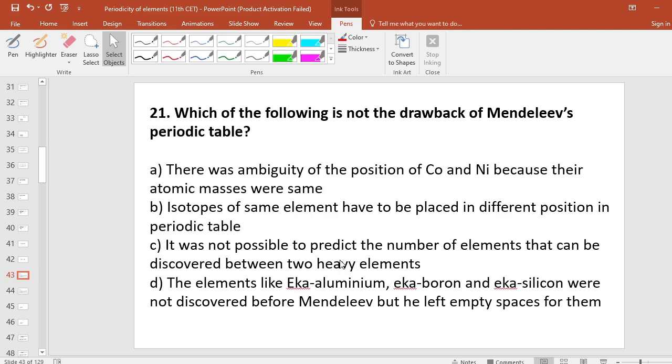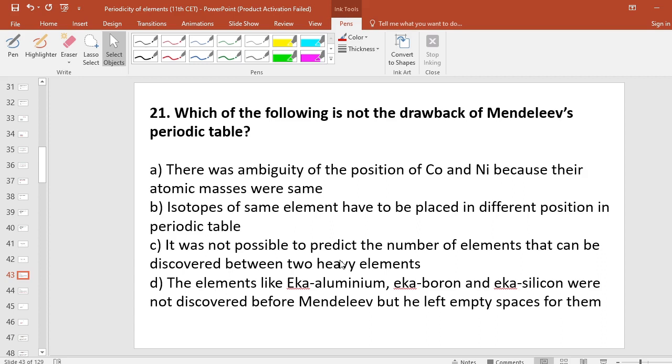Which of the following is not the drawback of Mendeleev's periodic table? There was ambiguity of the position of cobalt and nickel because their atomic masses were the same. As atomic masses were the same, Mendeleev had to place both the elements in the same box.